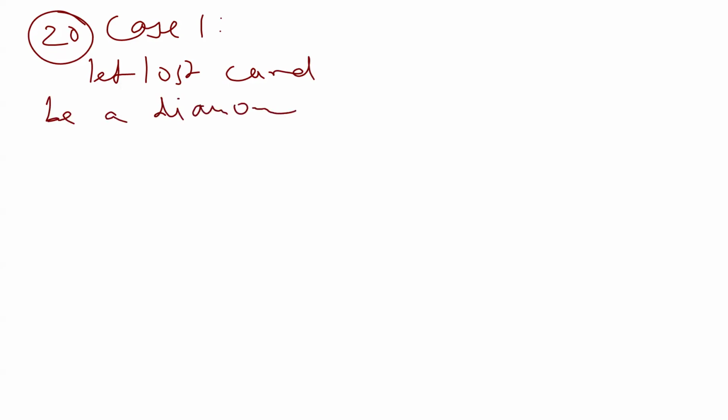Case one: let the lost card be a diamond. So P1, what is the probability of getting a single diamond? It is 13C1 upon 52C1, or rather you can just write 13 upon 52, because we are just taking one card.